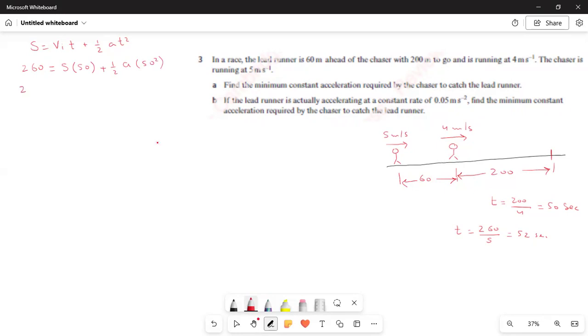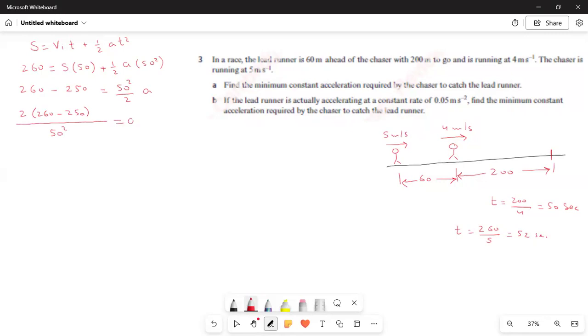So you can see it is 260 minus 5 times 50, which is 250, equals 50 squared by 2 times a, right? So I can do 2 times 260 minus 250 over 50 squared.